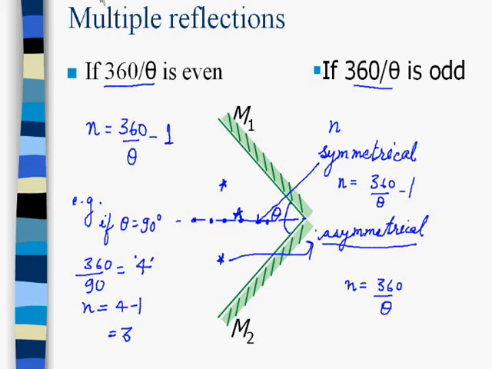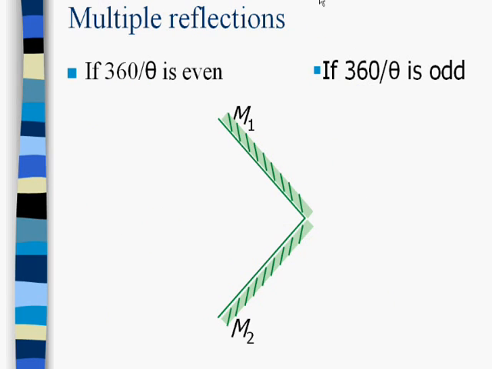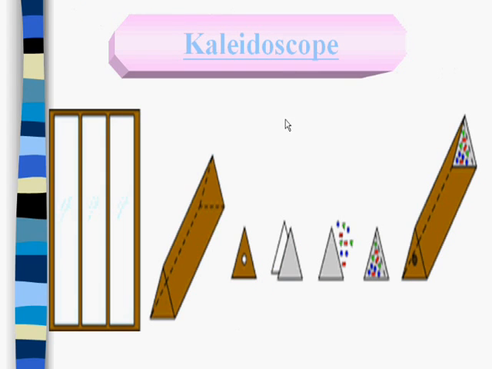So, what can we make, or what advantage can we have because of these multiple reflections of the mirrors? We can form a kaleidoscope. A kaleidoscope has three regular reflecting surfaces which are rectangular in size, and these are folded in such a manner that we have this type of shape formation.